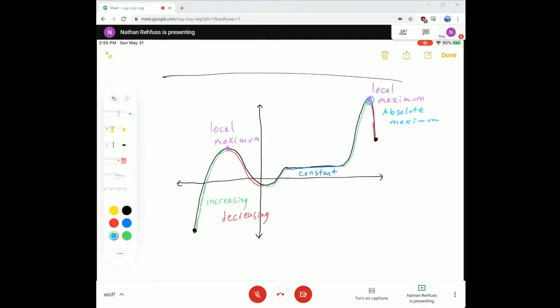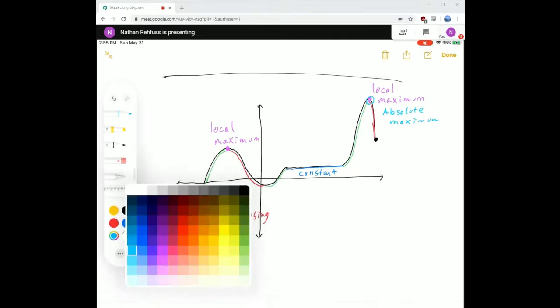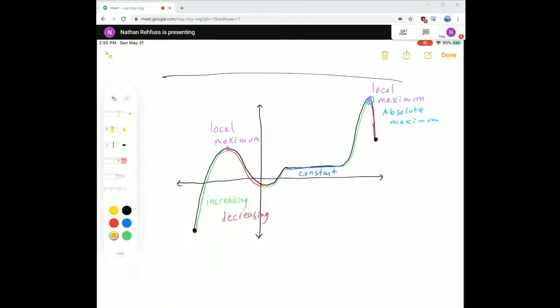Just like I have local maxima and absolute maxima. Yeah, that's a good shade of orange. This point down here is special for a different reason. It's the smallest point in its whole neighborhood because we were decreasing leading up to it and then increasing afterward. So it is called a local minimum, the smallest thing around.